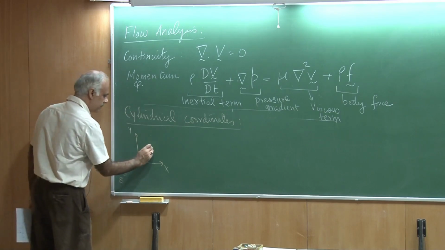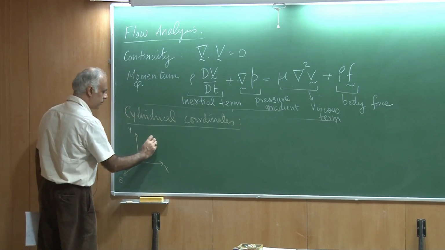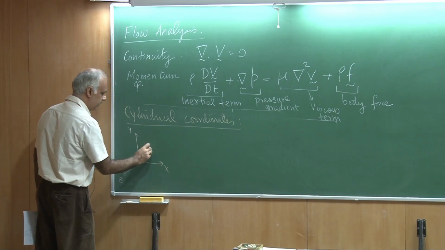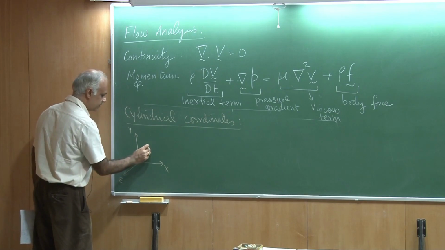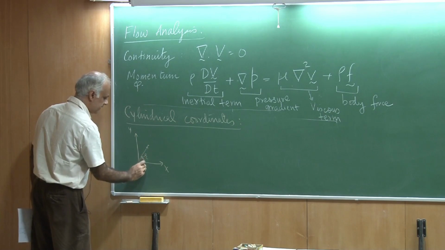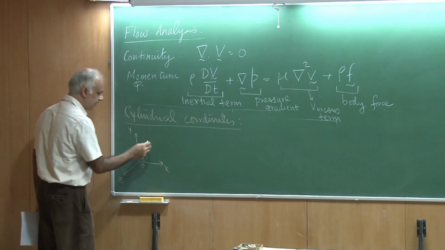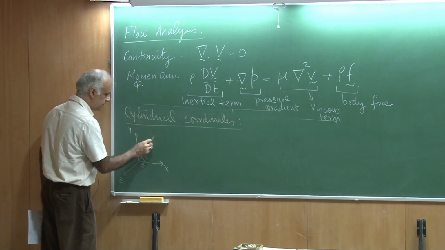And I could take a point here. This could be a point, let's say, in the xy plane, and the coordinates of this point are x, y, but I could draw a position vector. So this is r, and this angle here is theta. I could fix a coordinate system.